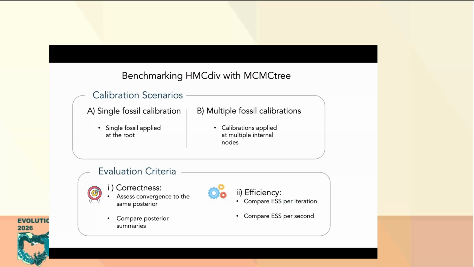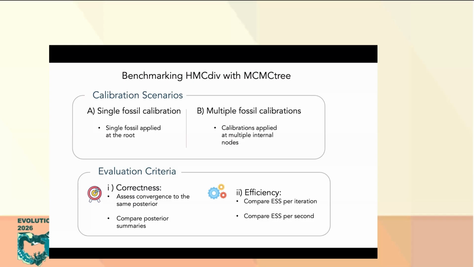So what I set out to do was benchmark this HMC div approach against MCMC tree, and we used the approximate likelihood MCMC tree because that was the fastest approach. We have two fossil calibration scenarios: a single fossil calibration on the root, and multiple fossil calibrations along the tree.